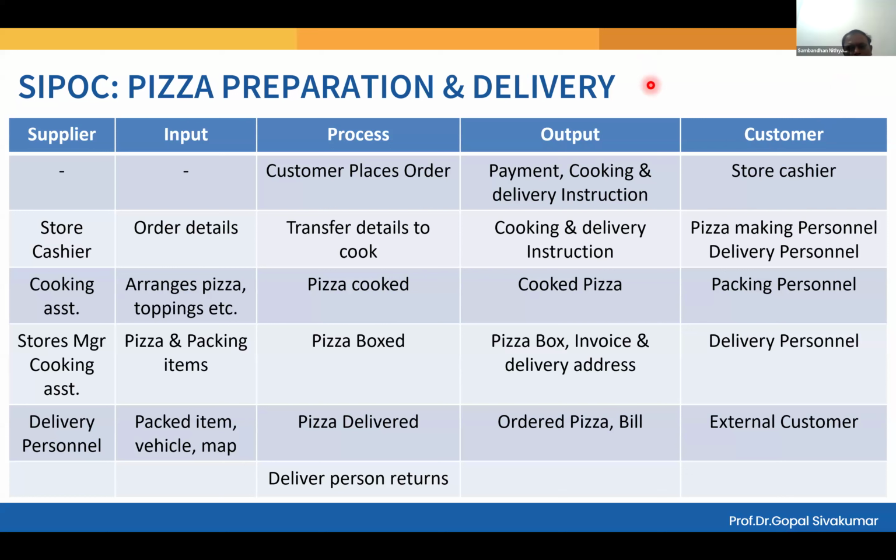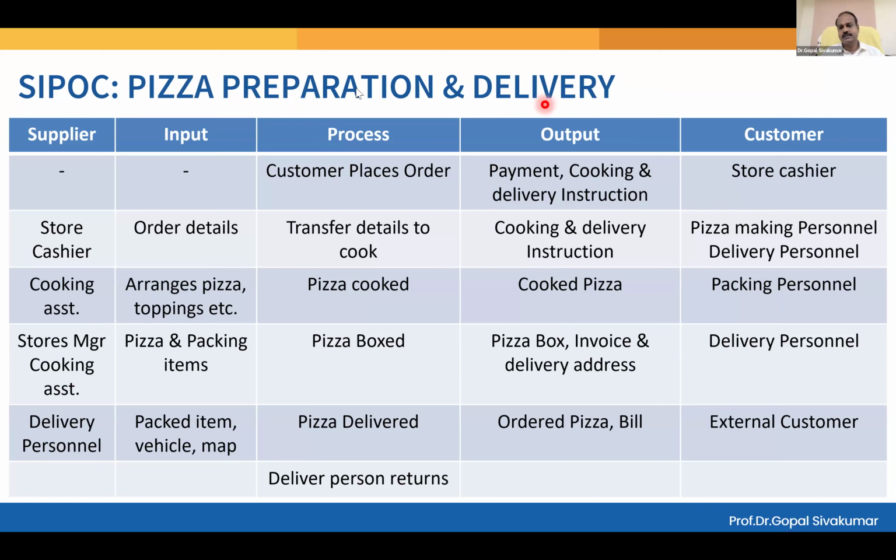Invoicing. Processing time. So specifically here, the failure is because of the time consumed by the delivery boy plus the time consumed by the pizza making person. Am I right? So we are now going to focus on pizza preparation and delivery.